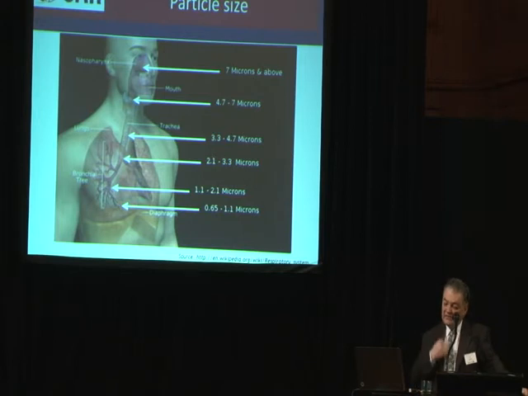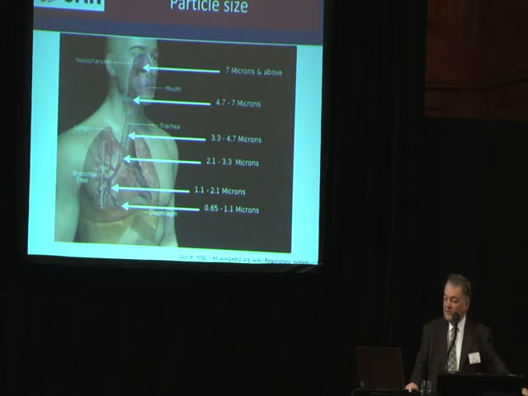And it also is lined by epithelium or lining cells, which have little hair-like structures on them, and mucus, which is very effective at clearing out particles that deposit in there. And so we do have good filters and removal systems.